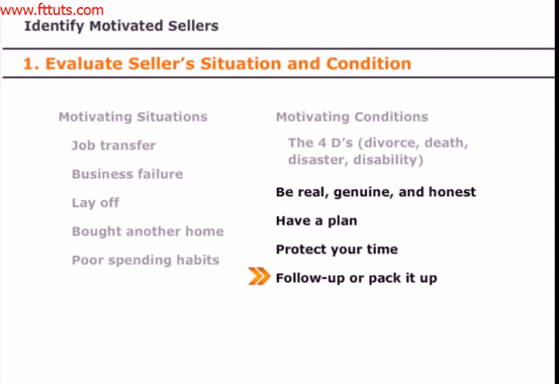Finally, follow up or pack it up. Some sellers are not as motivated now as they will be next month. Many people list their homes based on what they paid for it 1 to 4 years ago. Many markets are not sustaining past values, so sellers need to get a reality check and then relist their property for the current market price.